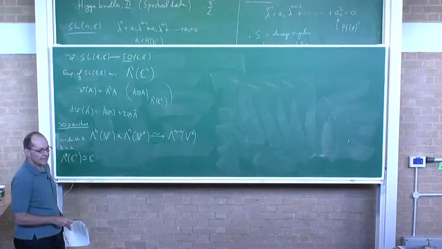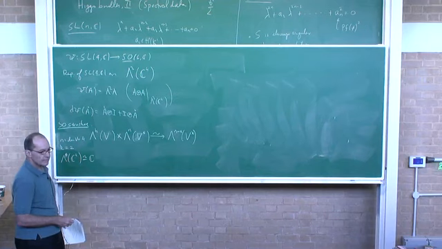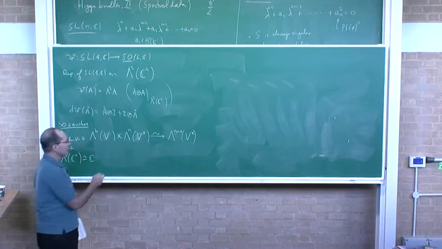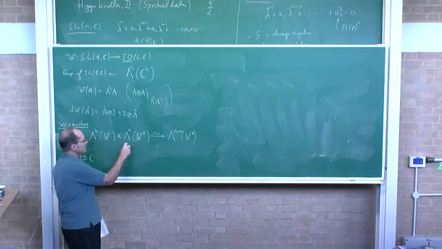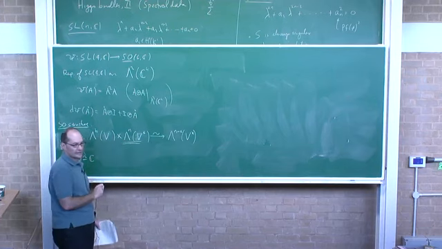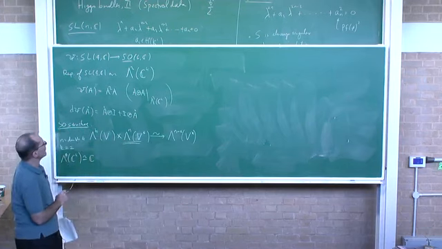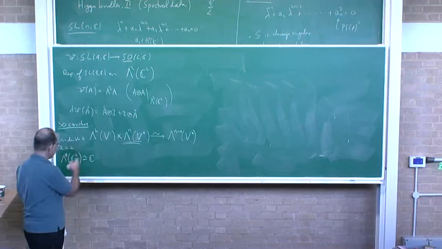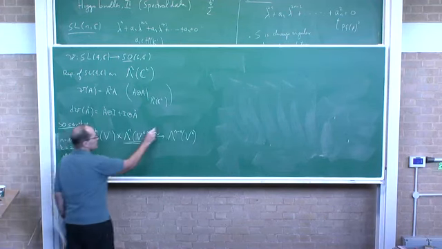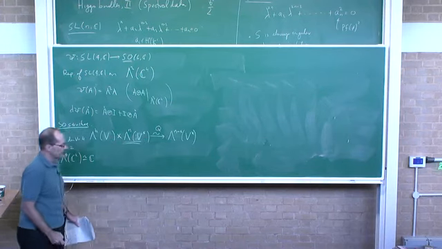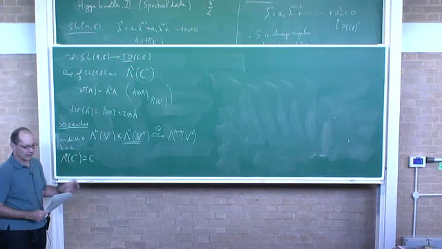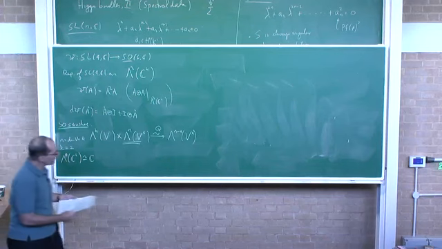Given an element of lambda 2, you can wedge it with itself, you get an element of lambda 4, and then that's been trivialized. Okay, sure, you can write it that way too. The point is that you're feeding in the trivialization here. So when you do this on a bundle, you need the trivialization of the bundle in order to get the map from the bundle to its dual.